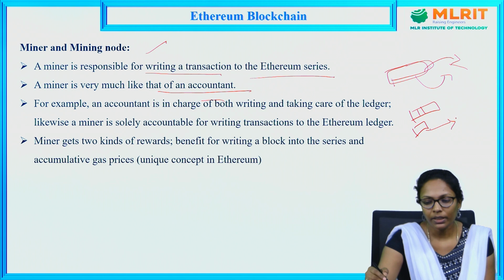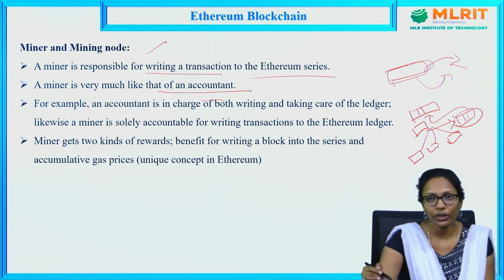That will be proposed, and after the proposal, it should be accepted by all the miners, all other nodes. If it is accepted, then this updated version will be added to the existing ledger or existing copy, and the same thing will be distributed to other nodes also. So that's the role, or that's the duty of the miner here.